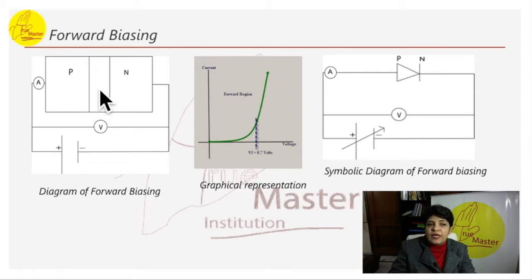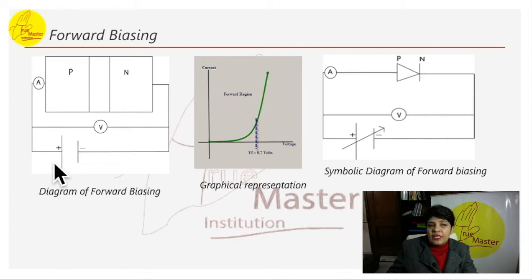The positive side of the battery is connected to the P type here. Now we have placed a battery and created a potential difference in the opposite direction. There was a potential barrier that was created across this diffusion layer, right? Because of this battery, we have created a potential difference in the opposite direction.